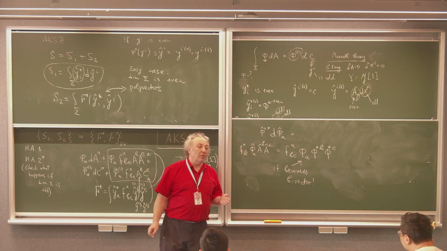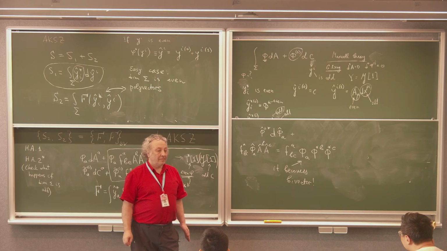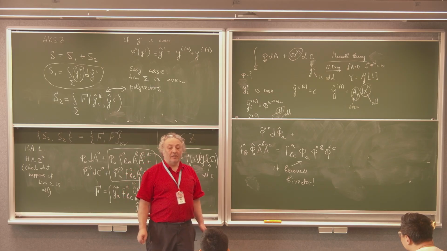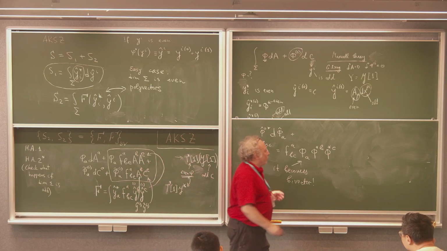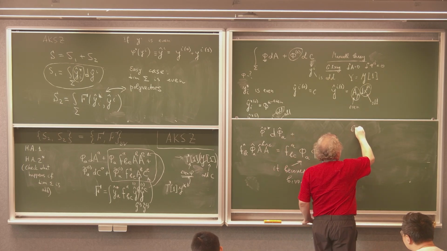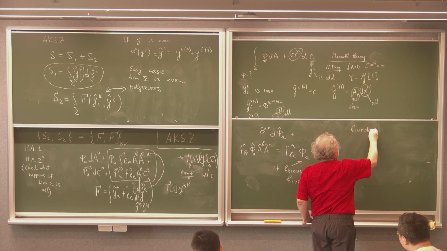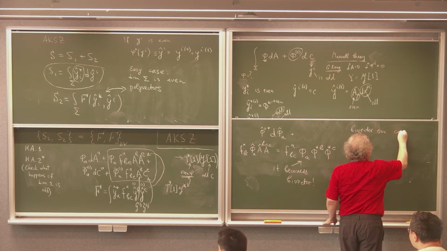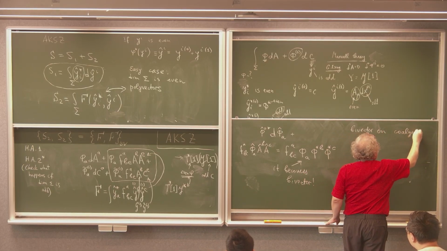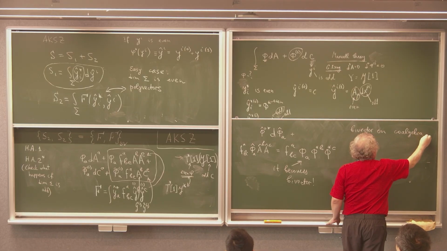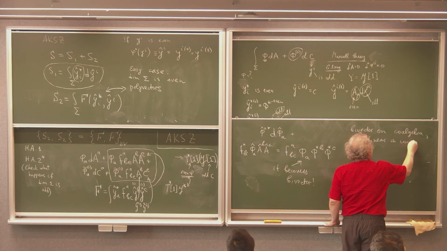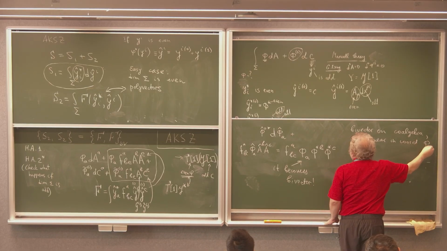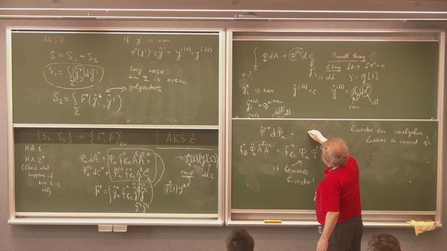So the same model has a different interpretation. This bivector on the co-algebra, linear in the coordinates, is called the Kirillov bivector.